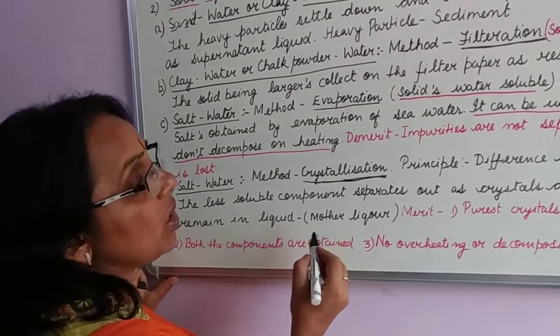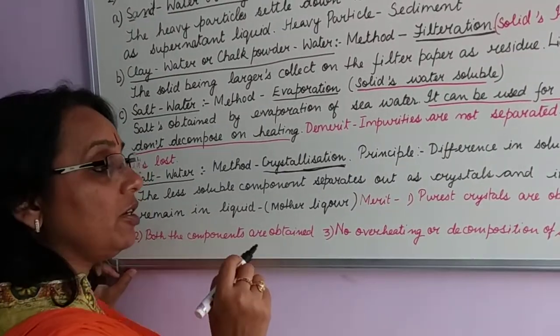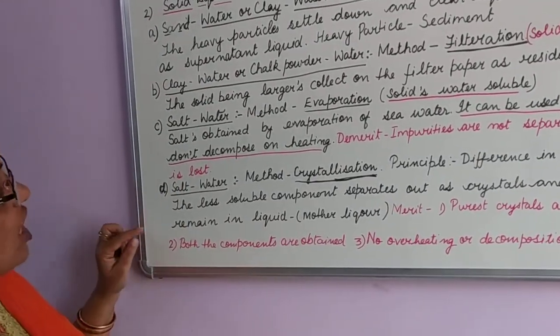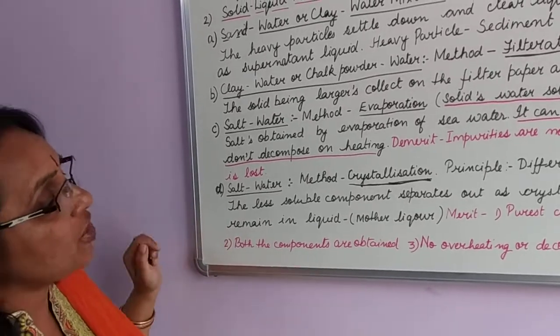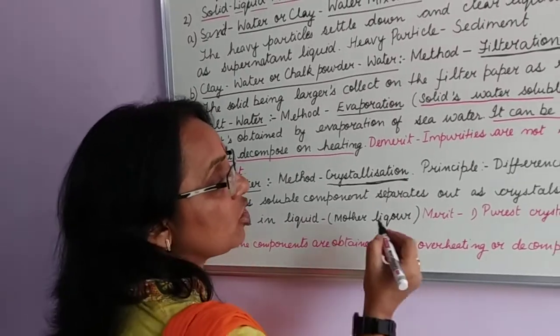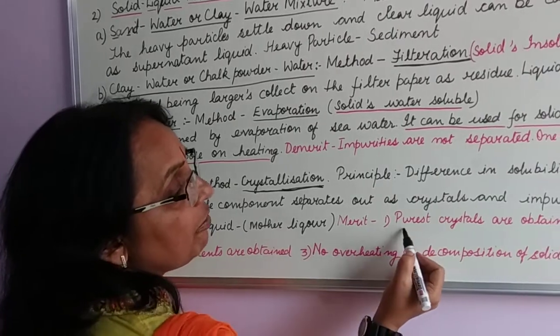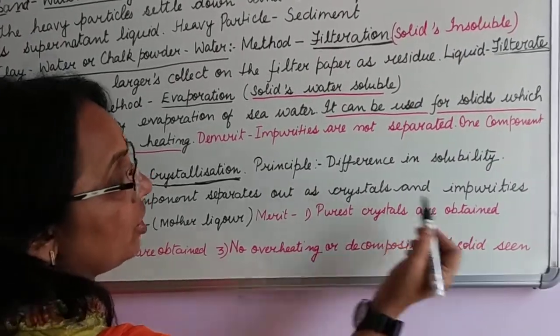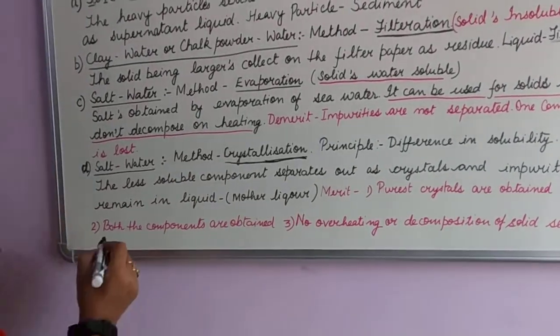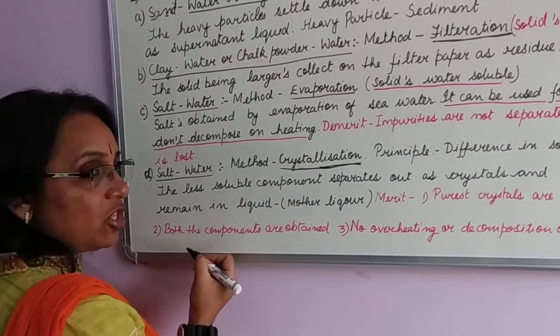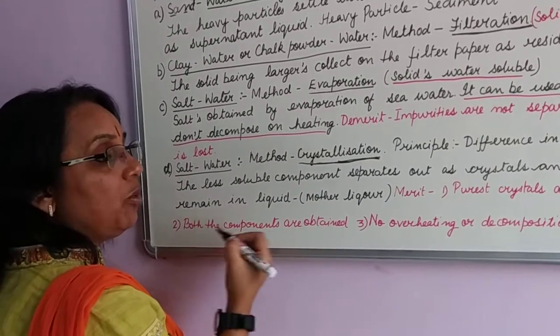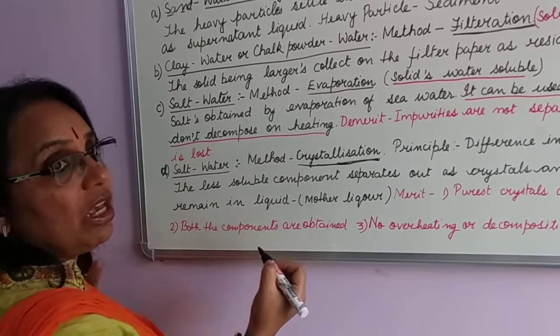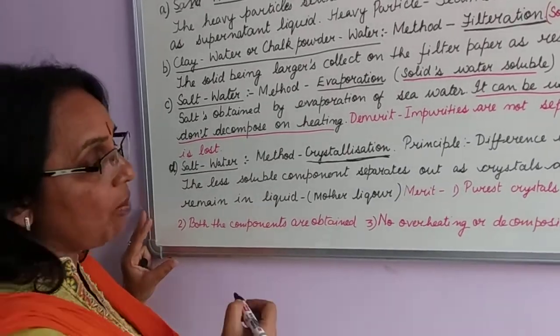So this method is more preferred over evaporation. Why? Because what are the merits of crystallization? First, we obtain the purest crystals. Second, both the components are obtained, that is the salt and the mother liquor. We are not losing any of the components.